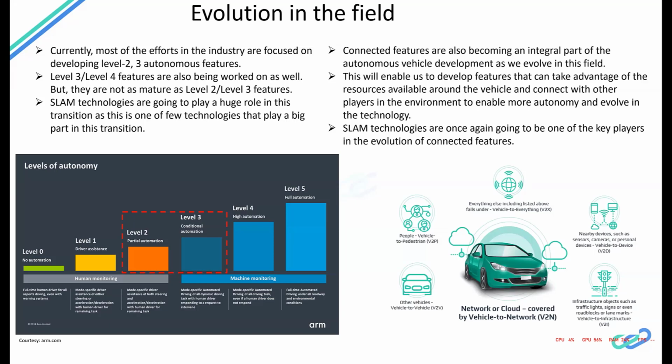So in these different levels of autonomy, as I said, localization and mapping are always one of the major components of any given autonomous system, because that is the heart of the problem, right? Because if you don't know where you are at, if you don't know your environment, then there is no autonomous system. So SLAM technologies are always going to be the heart of the problem.